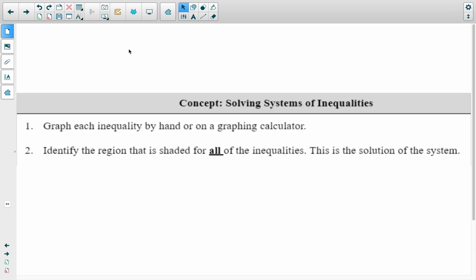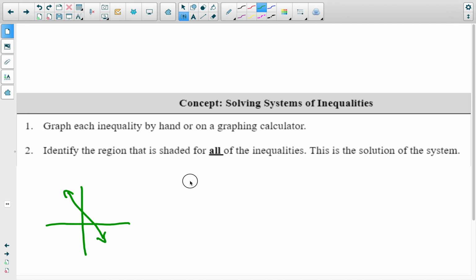Okay, so this concept, we will lean on both graphing by hand and using Desmos or a TI-84 to graph these. Big picture, if you think about a regular linear inequality, we worked with this in the last chapter. You have to think about solid line, dashed line, pretend like that line is straight, okay?